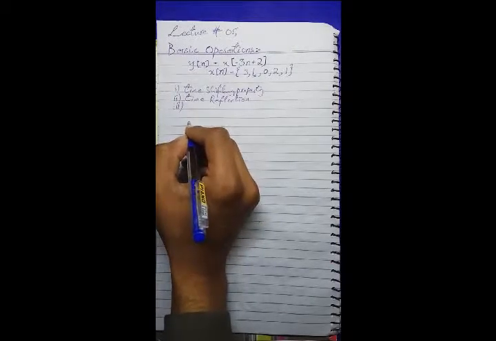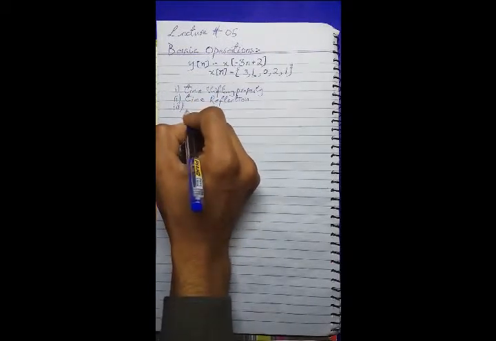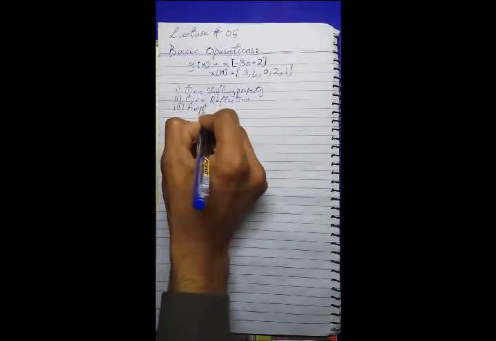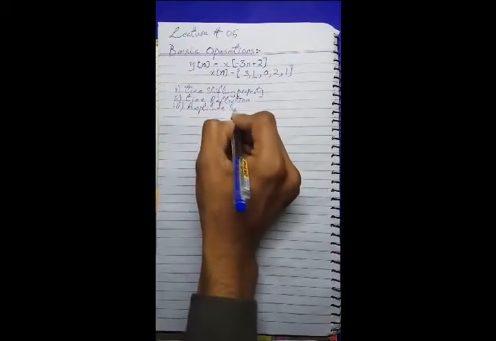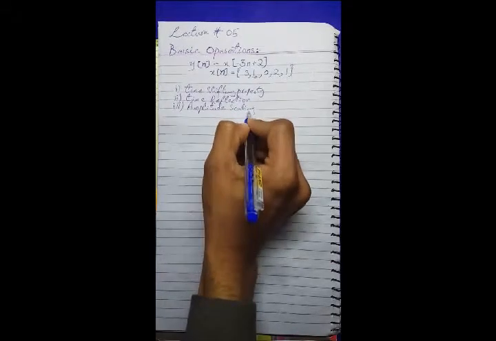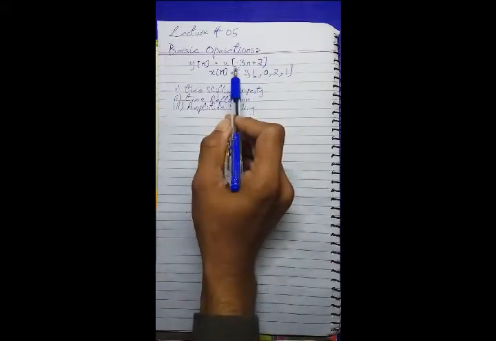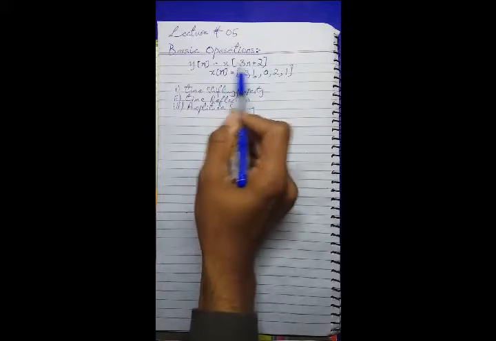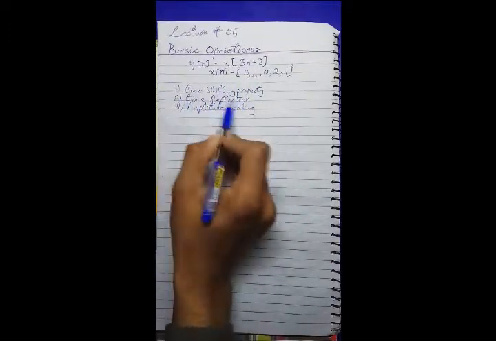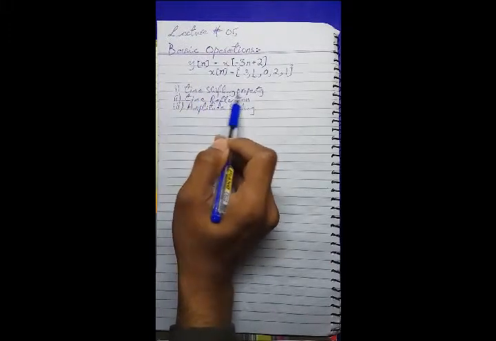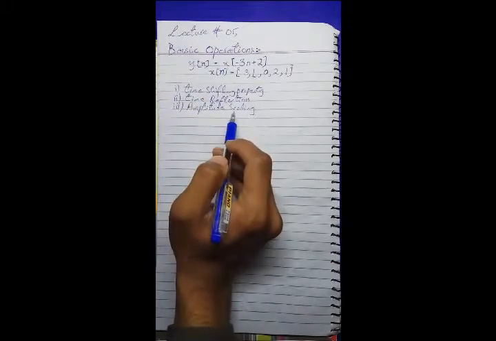Third, we apply the amplitude scaling. In order to solve this complex system, we must follow this step by step. First we have to apply time shifting, then time reflection, and then amplitude scaling.